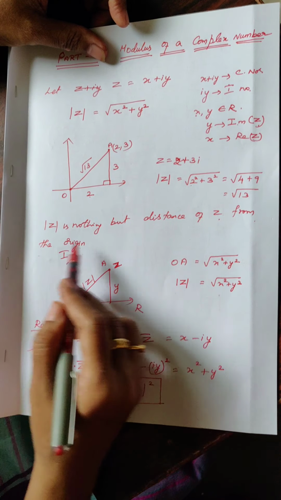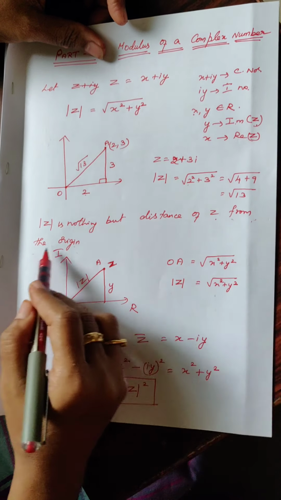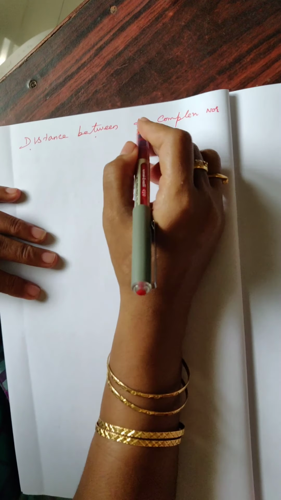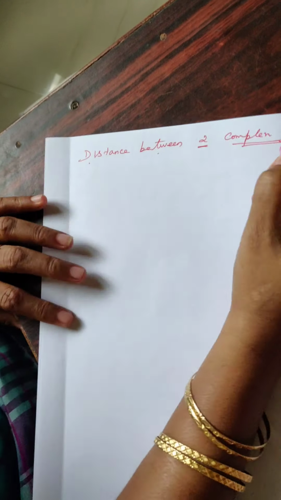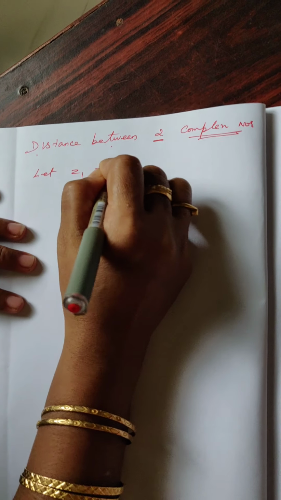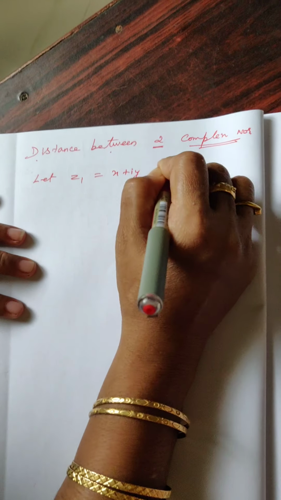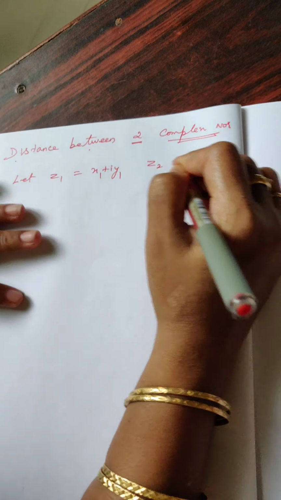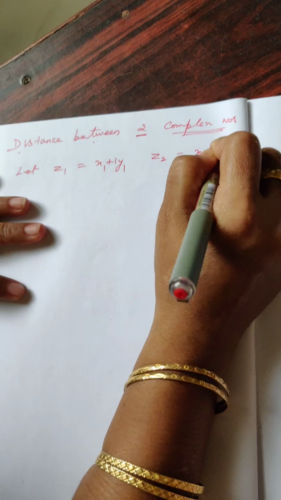Here we are going to find the distance between two complex numbers. Now let Z1 equal x1 plus iy1, and Z2 equal x2 plus iy2.